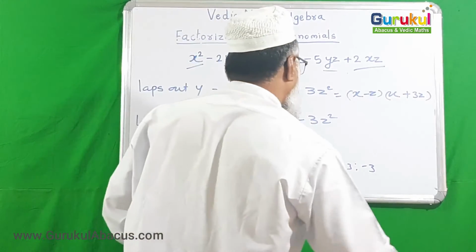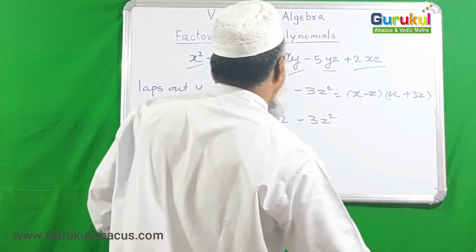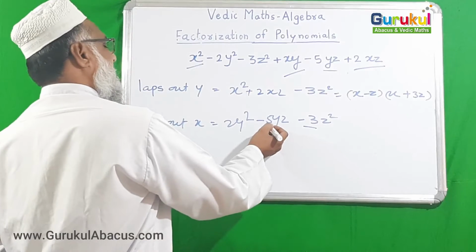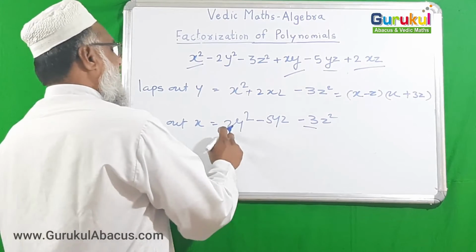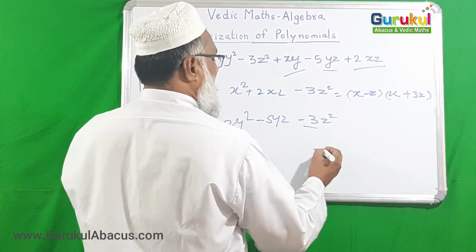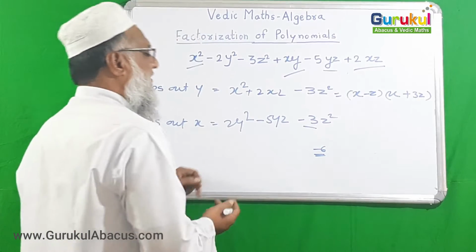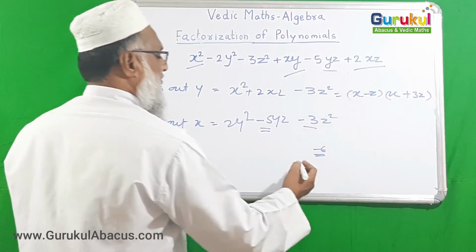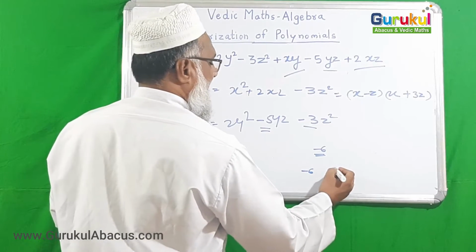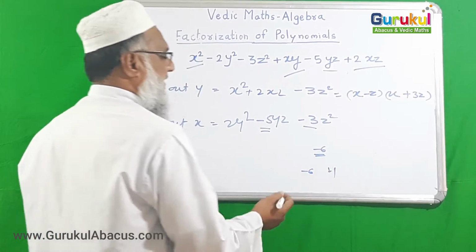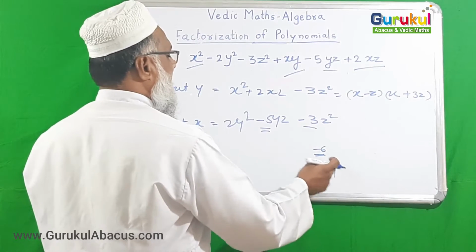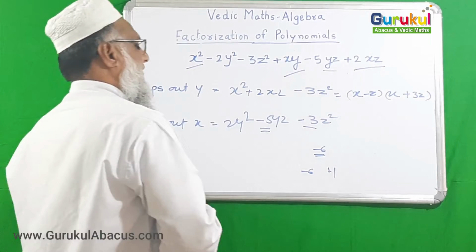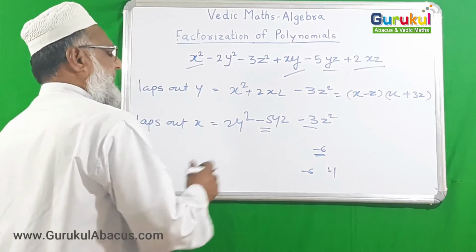Okay, and now here it is minus 3 again, and here is 2. So 2 times 3 is minus 6 we want as a multiplication, and minus 5 as the answer. So definitely minus 6 and plus 1 would be ideal, because 6 times 1 is 6, and minus 6 plus 1 is minus 5.